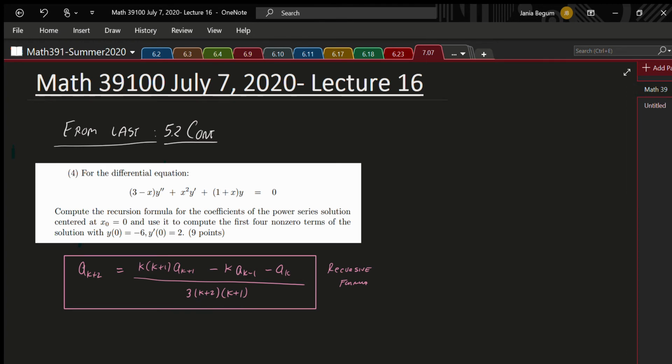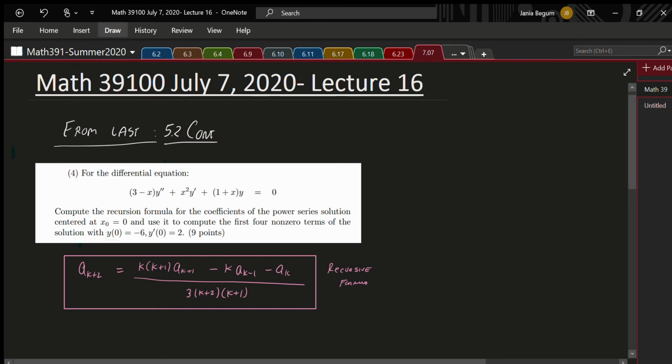So we have this differential equation. We want to compute the recursive formula. We have it right here for the coefficients. So let's compute some coefficients using these initial conditions. We're given two initial conditions, one on the derivative and the other one is on y of 0.